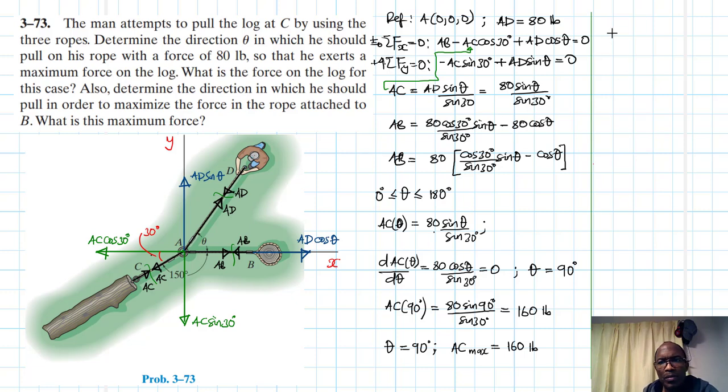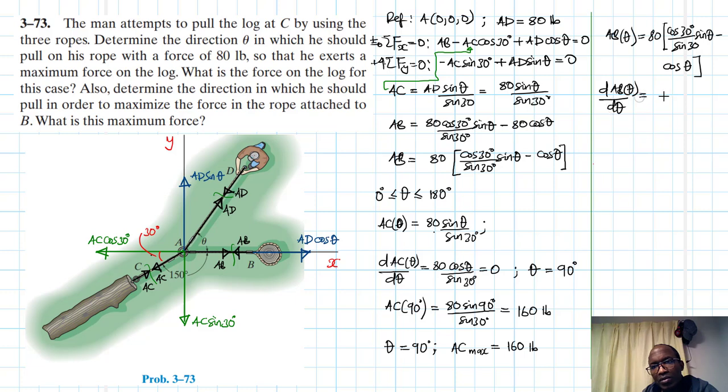So we'll say AB, which is a function of theta, we found this to be equal to 80, open brackets, cos 30 divided by sine 30 times sine theta minus cos theta.